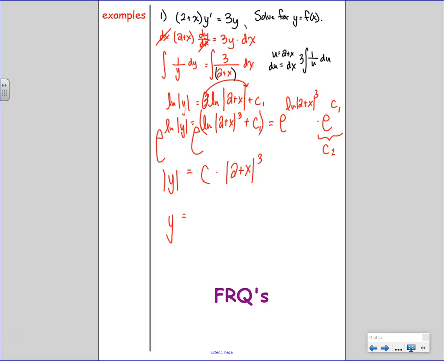Yeah, they could. Well, then how am I going to get that negative? I could maybe change this guy to be a negative. I could put a little plus or minus c, saying that, okay, when I do the absolute value, I do a little plus or minus. That could be one way of thinking about it.